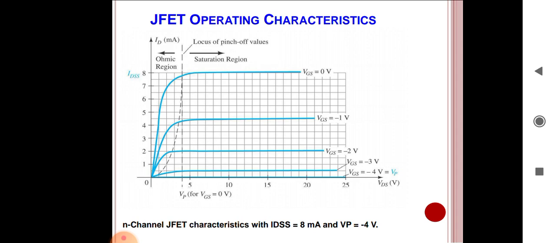FET resistance in the ohmic region is given by RDS equals VP upon IDSS. Then FET breakdown: when JFET is operating in the saturation region, ID does not change with VDS up to a certain value. If VDS is increased further beyond this value, the gate channel breaks down due to avalanche effect and drain current increases rapidly. This can damage the device.